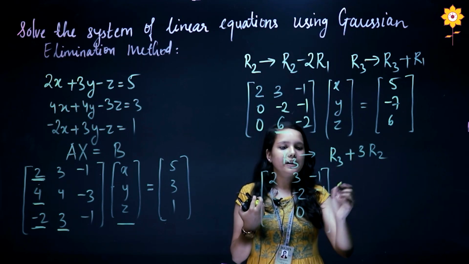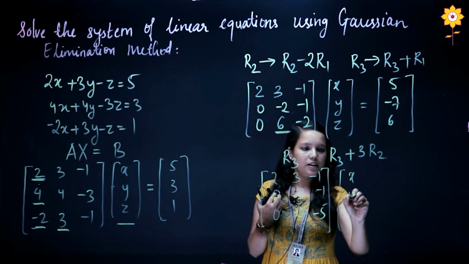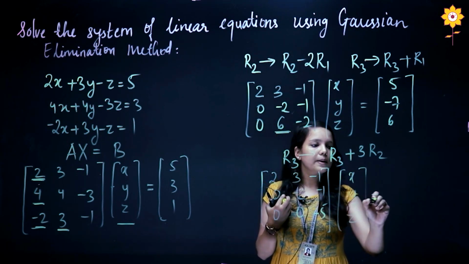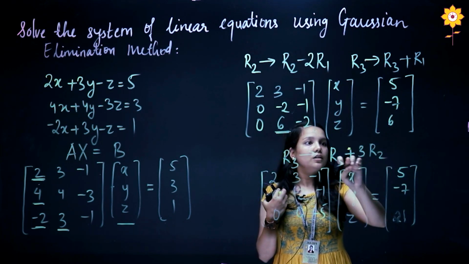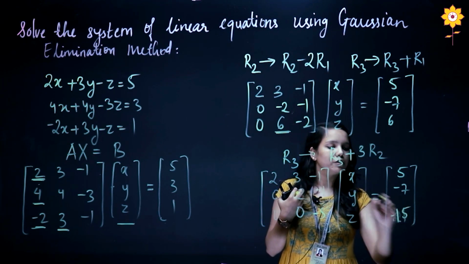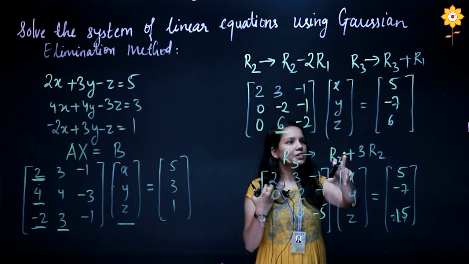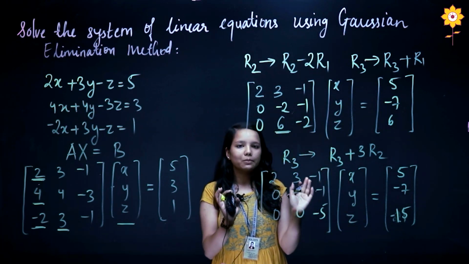So minus 2 minus 3 will be minus 5. This is what we are getting, x, y, z. Again the same changes we have to make for B. It will be minus 21 plus 6, so it will give me minus 15. Correct? This is what I am getting.